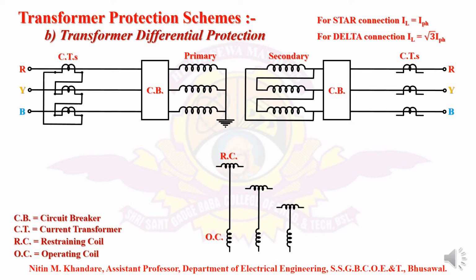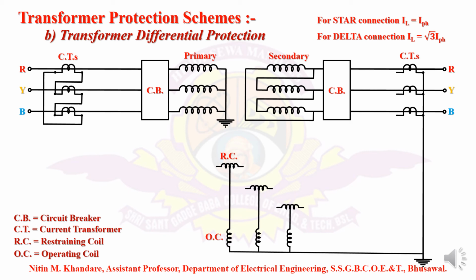One terminal of each CT is connected with each other and it is properly grounded. Now the connections of the restraining coils along with the CTs are like this.